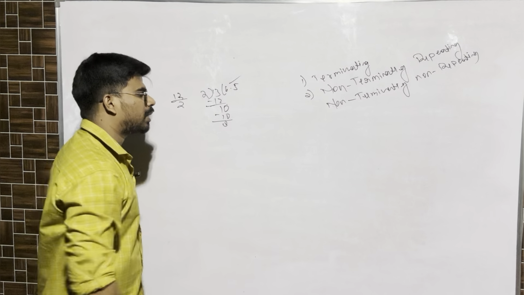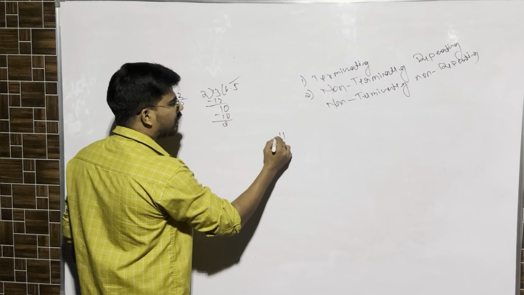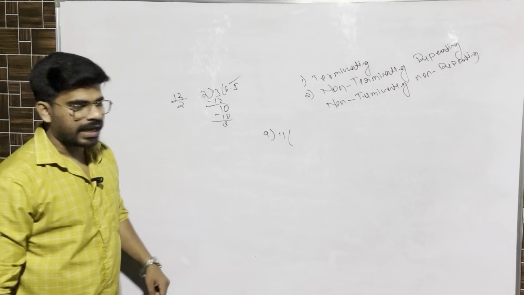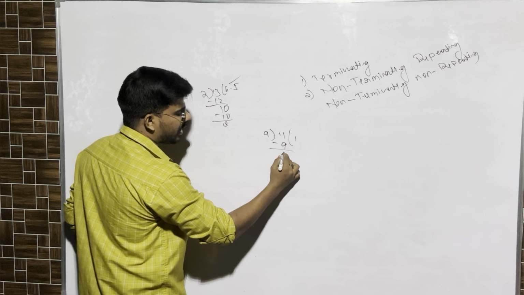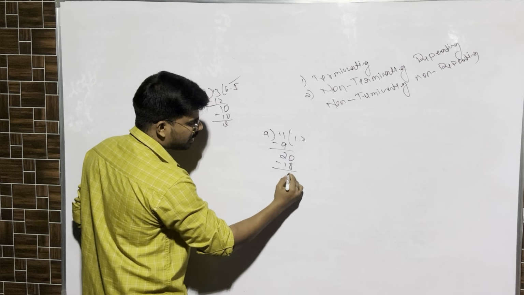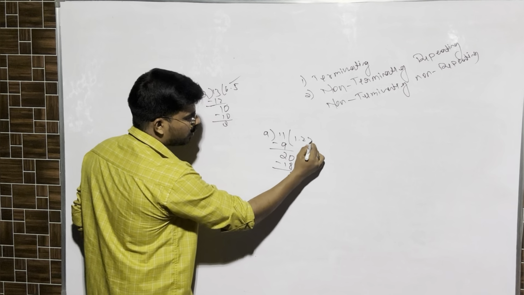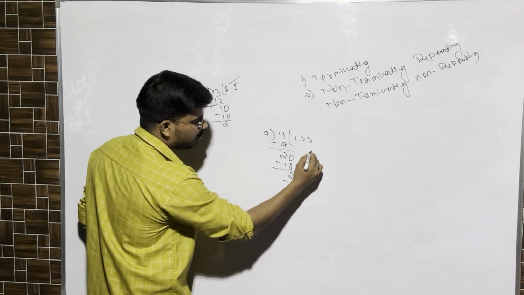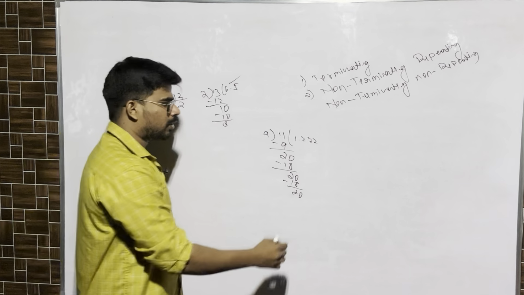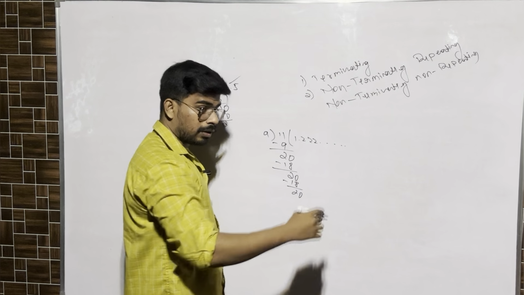Next, non-terminating. If I divide 11 by 9, for example, 9 1 is 9, if I subtract I will have 2.0, 9 2s are 18, 2, and so on. Is it terminating? No, 2 is coming, so it is non-terminating.